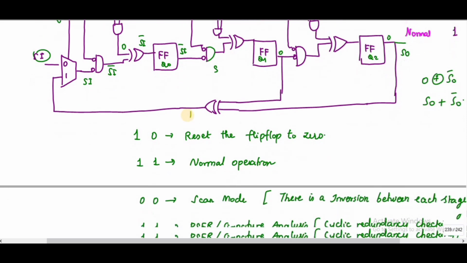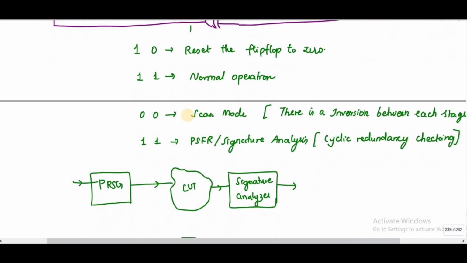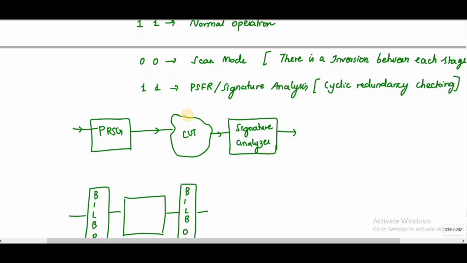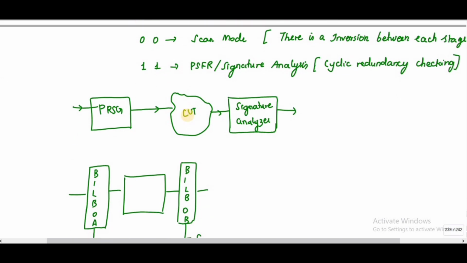Okay, so this is my block. It consists of both the PRSG and signature analyzer. Okay, so here the PRPG and sorry, this built-in logic block observer is placed between the circuit under test.